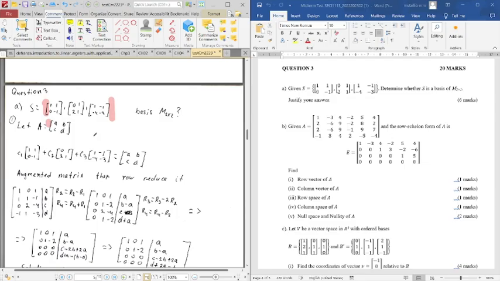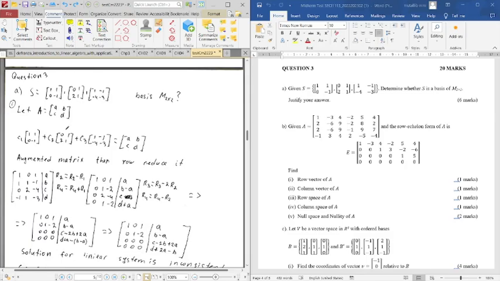If any of these conditions fail, we can say that the given vectors or matrices are not a basis. To calculate it, I started with the first condition. You take an arbitrary 2 by 2 matrix.